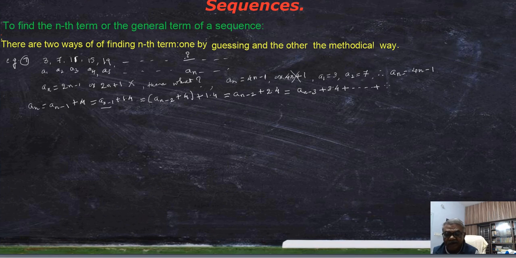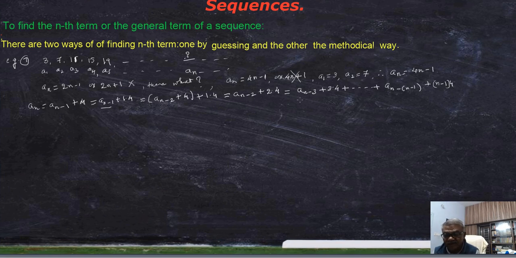I can write down an minus (n minus 1), that is going to be a1, plus how much quantity we have to add. Here 3 times 4, here n minus 1 times 4.